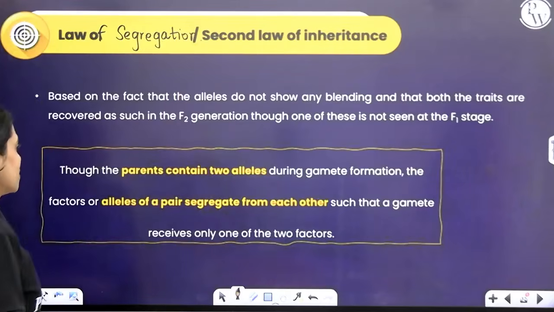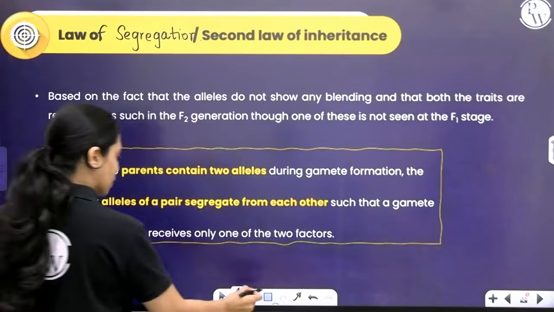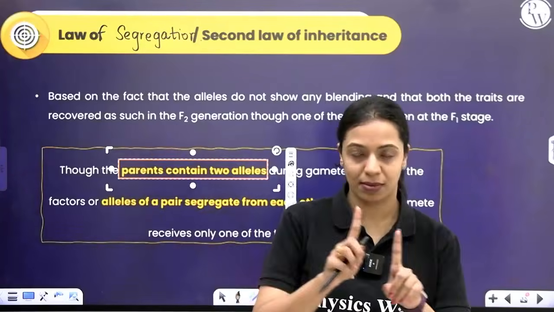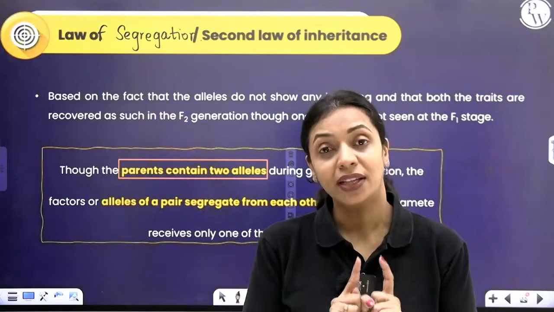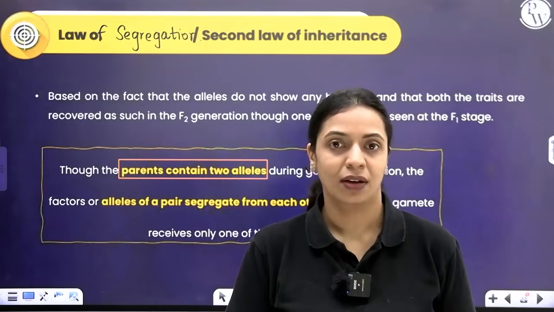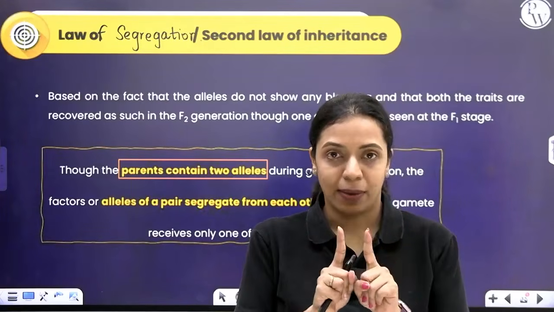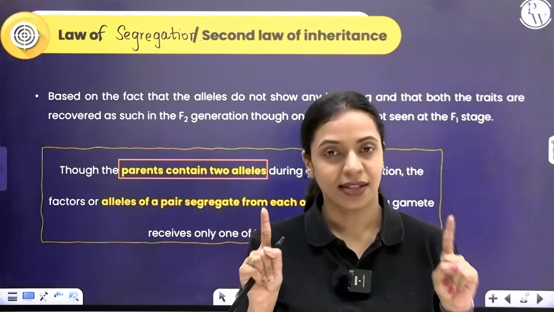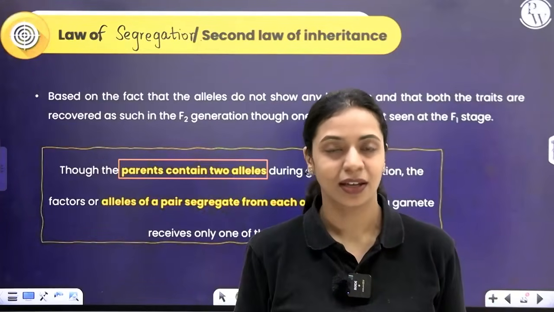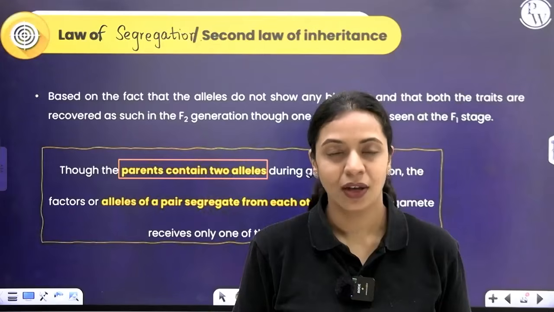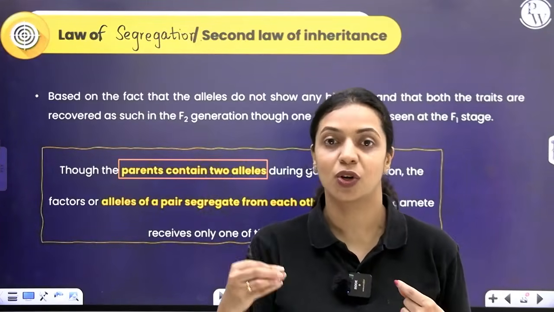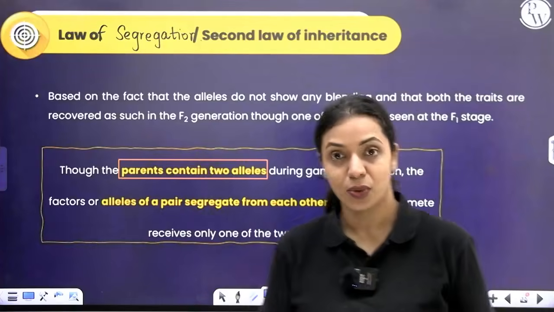So, even though parents have 2 alleles, like every organism has 2 alleles, during the formation of gametes, both the alleles will not go into the gametes. The alleles will segregate such that only one allele goes into the gamete. We know that, right? We are diploid, gametes are haploid. Only one set of chromosomes, one set of genetic information gets passed on into the gametes. This is what Mendel said.